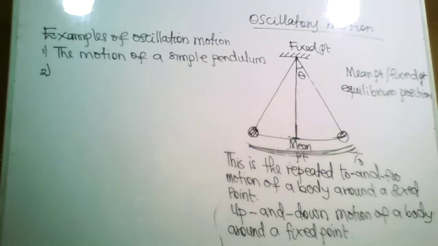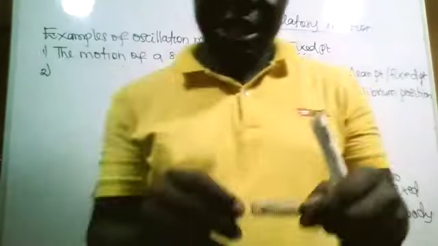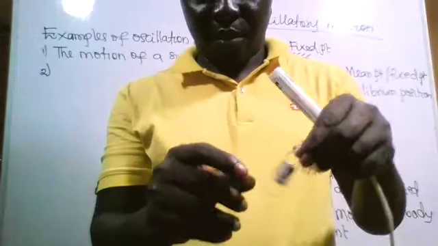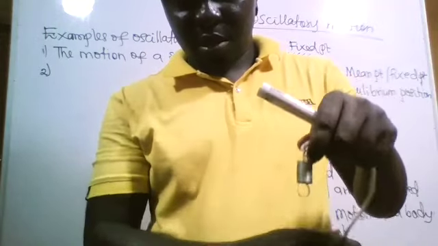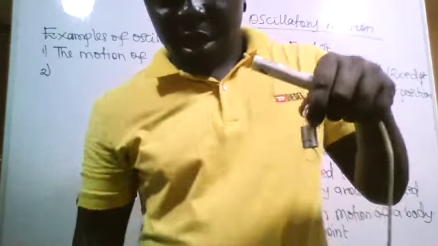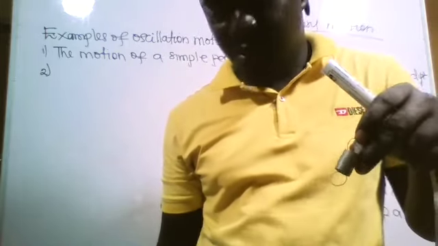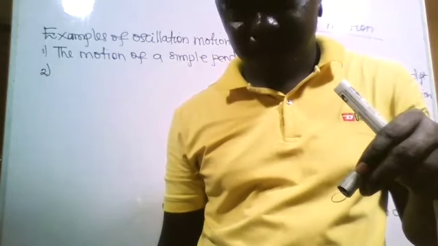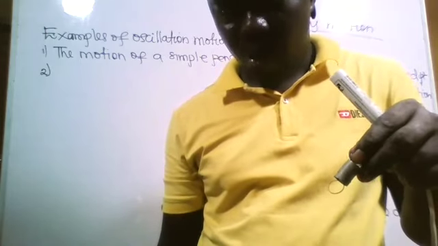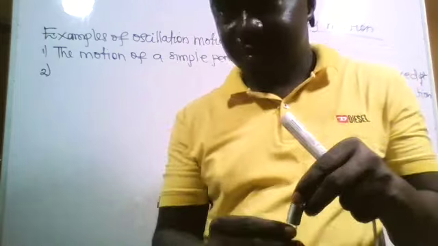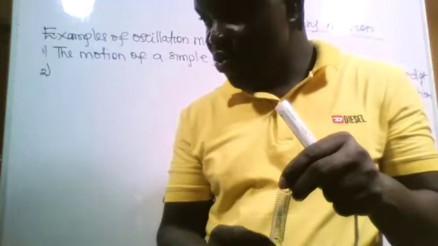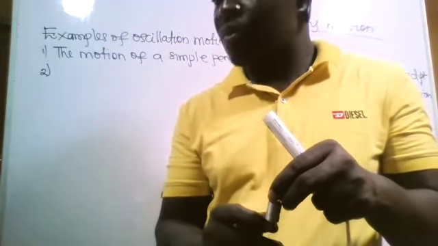I have a spring here, and I'm going to show you whether it is exhibiting simple harmonic motion. Samuela, this is a spring. As it stands, is it exhibiting simple harmonic motion? Say no. So qualify it. Say the motion of a compressed or stretched spring.